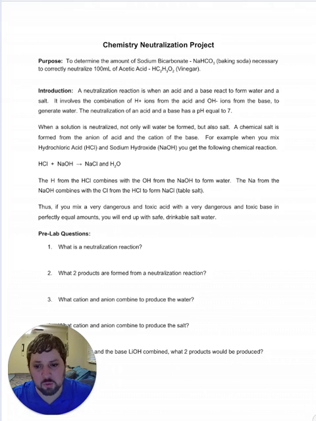The Na from the NaOH combines with the Cl from the HCl to form NaCl, which is our salt we refer to as table salt. Thus, if you mix a very dangerous and toxic acid with a very dangerous and toxic base in perfectly equal amounts, you'll end up with safe, drinkable salt water.